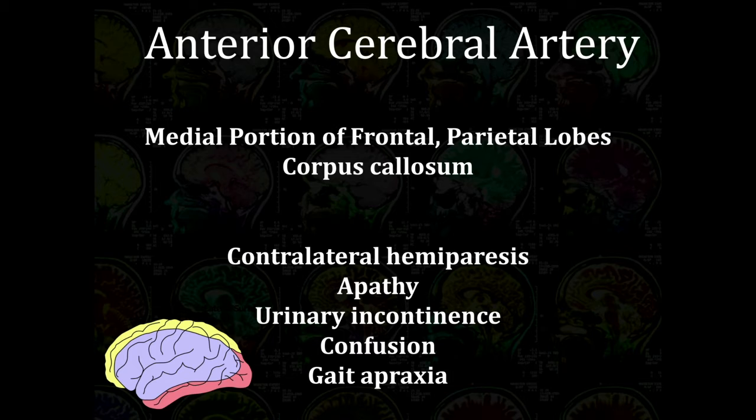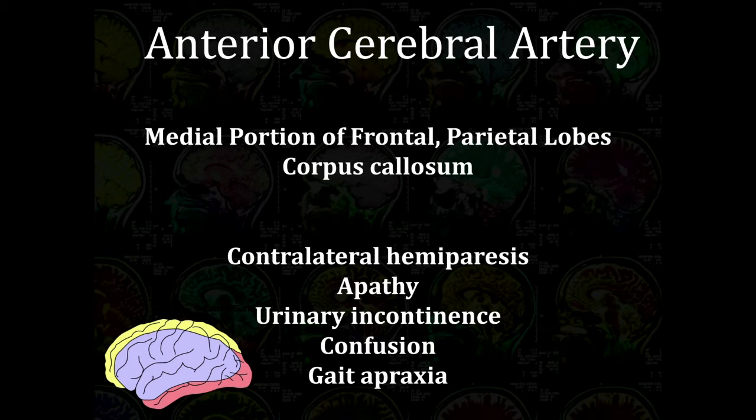When we focus on the vessels that encompass the anterior surface of the brain, that is, again, the anterior cerebral artery. And then we're going to focus on the middle cerebral artery. And that is all about the medial portion of the frontal and parietal lobes and what's called the corpus callosum.